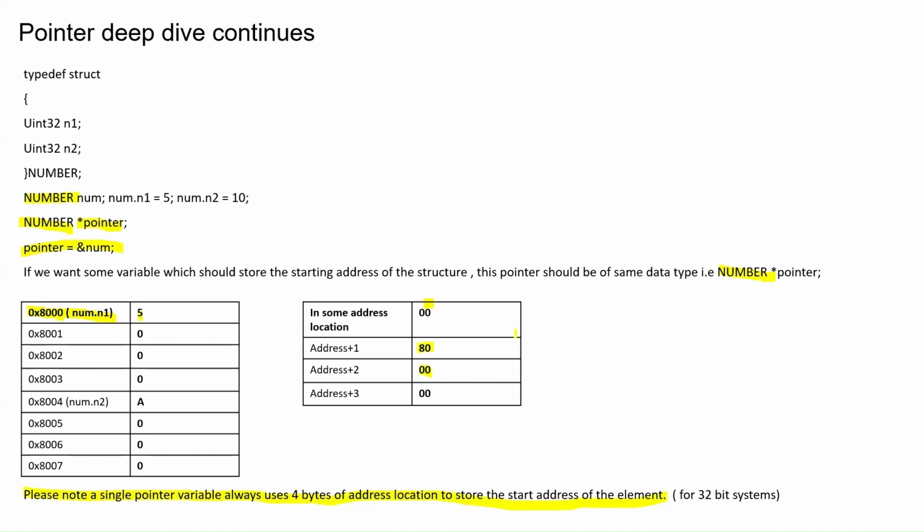So the pointer always uses just 4 bytes to store the address of the element, whatever it may be. If it is an int, a character, or a structure pointer, where the structure or union consists of so many elements, it will only store the start address of the element.